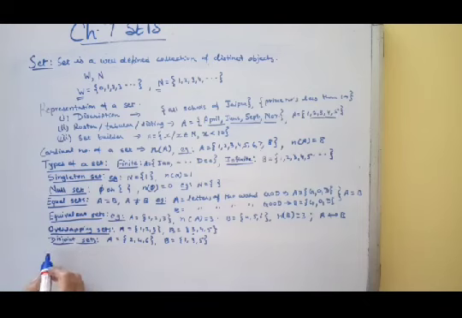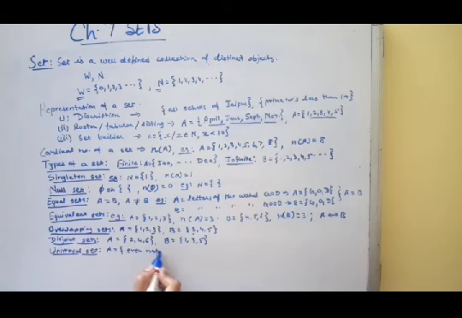Next is the universal set. Let us understand what universal sets are. Taking an example, let set A be the set of even natural numbers and set B be the set of odd natural numbers.